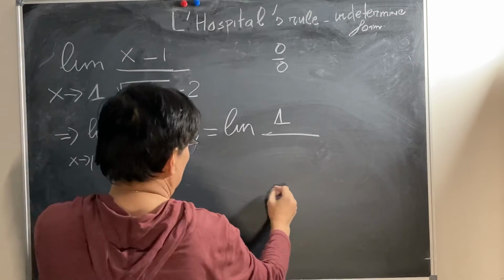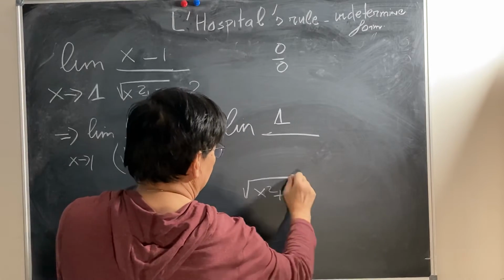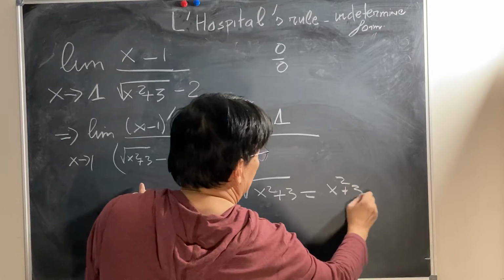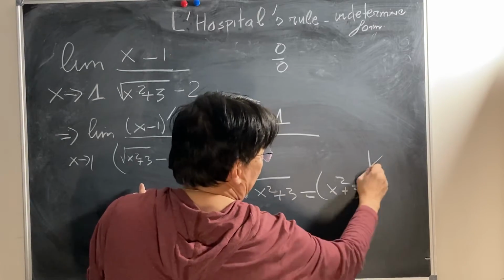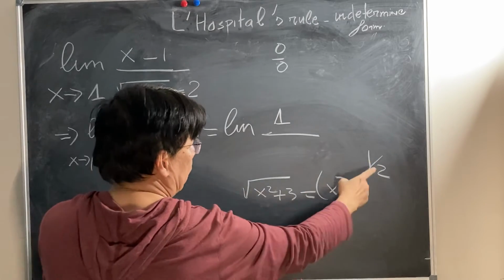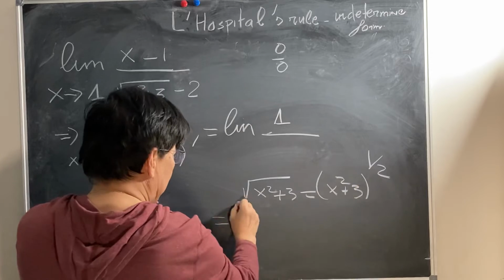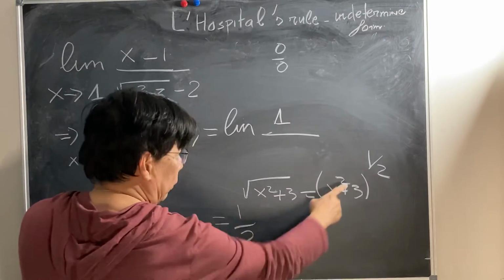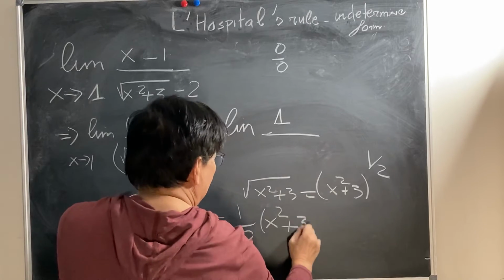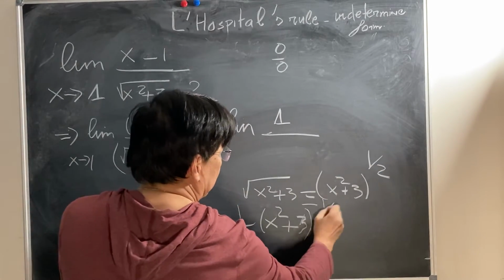Let's see the derivative of the square root of x squared plus 3. This is x squared plus 3 to the 1/2 power, right? Apply the power rule: take 1/2 down, you have x squared plus 3 to the 1/2 minus 1, which is minus 1/2.